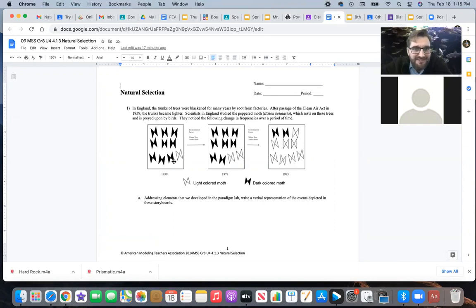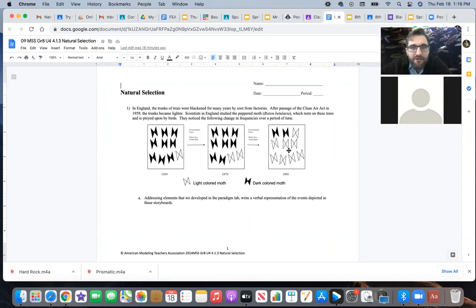Notice that there are 10 of the little peppered moths here, which might represent 10% of the population for each one. So in this case, we've got 90% are black or darker colored peppered moths and 10% are light colored moths. And then by the time we get to 1979, we end up with about 20% of them being light colored moths and the other 80% being dark colored moths.